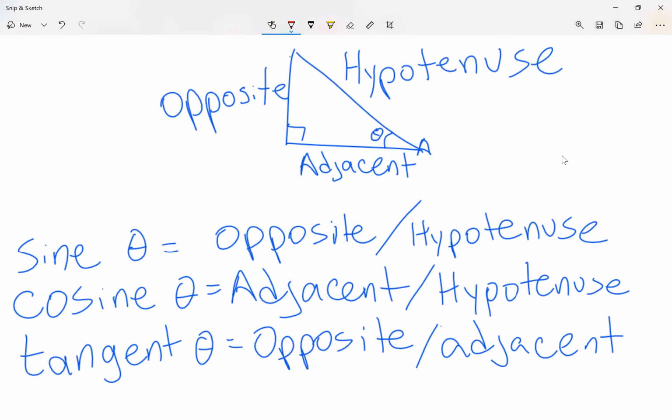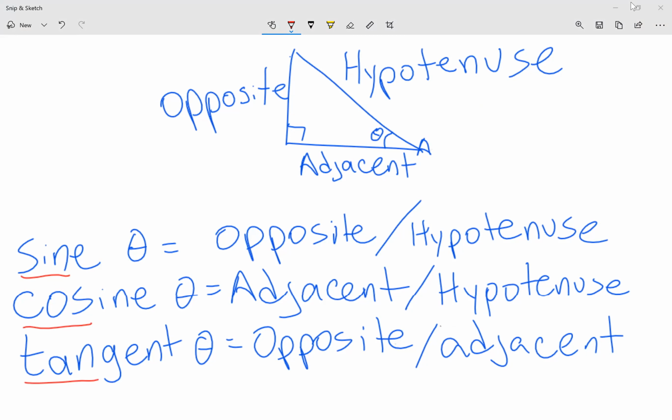Now, the words sine, cosine, tangent, we're going to abbreviate those, especially because we use calculators. We don't want to write the whole word in just one key. So we're just going to abbreviate it to the first three letters. We still call it sine, it is not going to be sin. Many people call it sin.